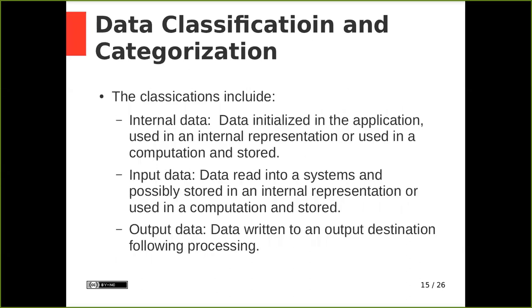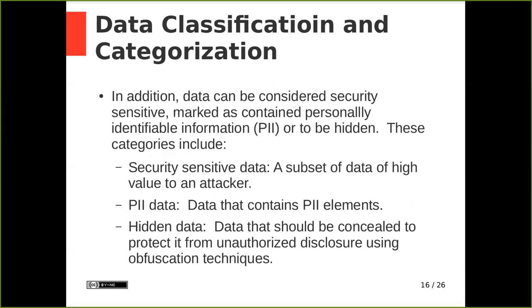So here, just talking about the classifications. Internal data is data initialized in the application, used in an internal representation, or used in a computation and stored. Input data is basically data that's read into systems and possibly stored in an internal representation or used in a computation and stored. And then output data is data written to an output destination following processing.